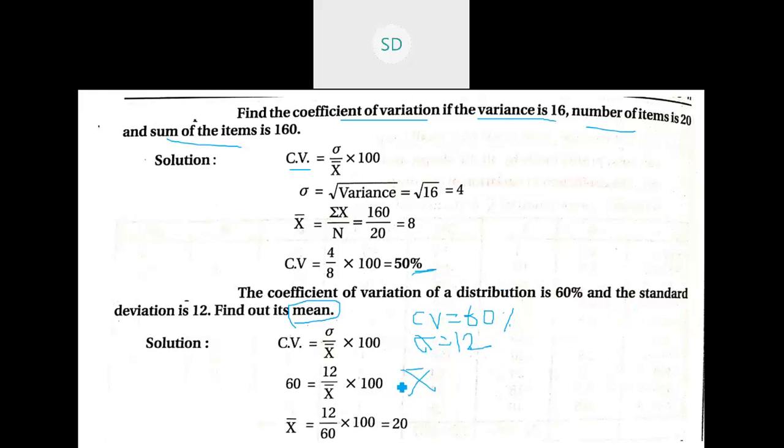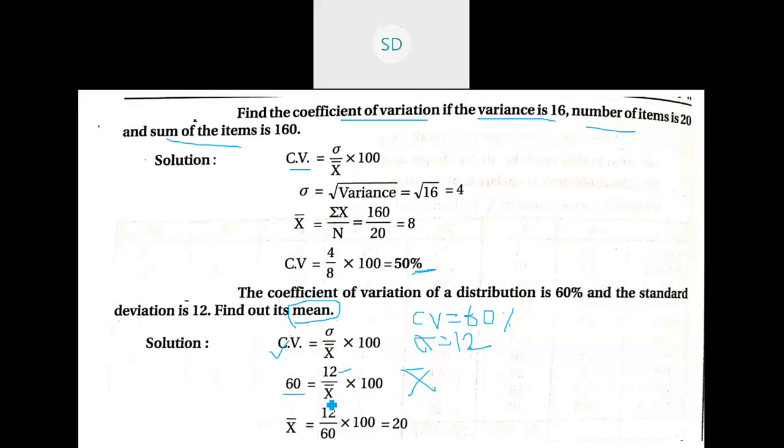What is the mean? Write down the formula of CV and put in all the numbers given to us. So CV is 60%, that is 60. Don't take it as 60 by 100, just write 60. Then it is equal to standard deviation, which is 12, divided by x bar, taken as it is, into 100.